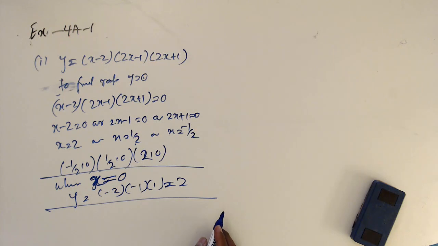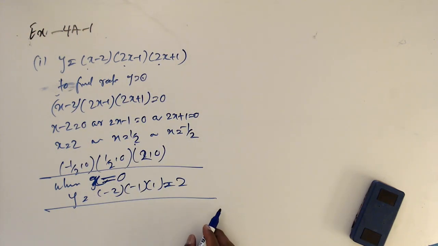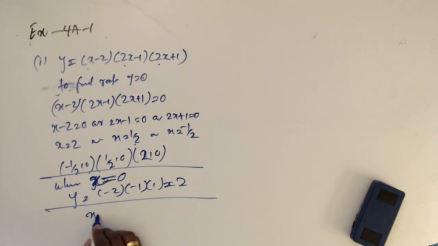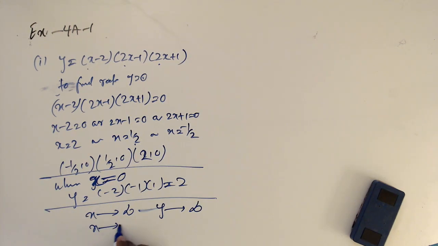Then the coefficient of x cube is positive. It means as x goes to positive, y also goes to positive. As x tends to negative, y goes to negative as well.